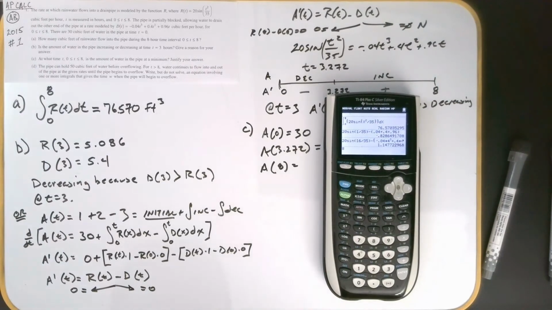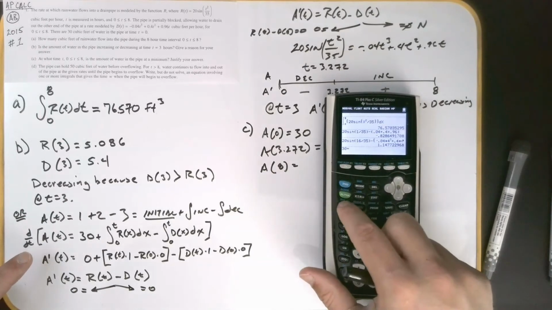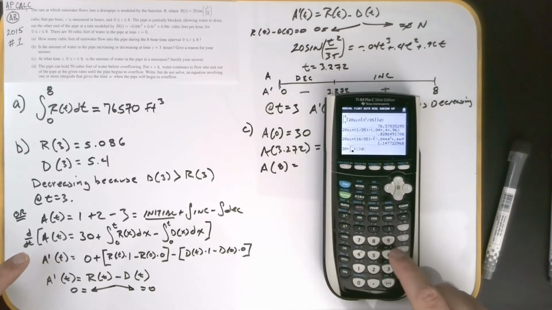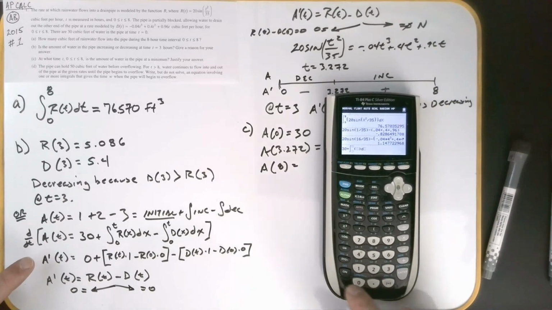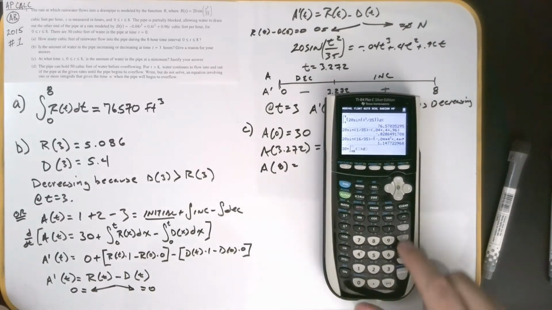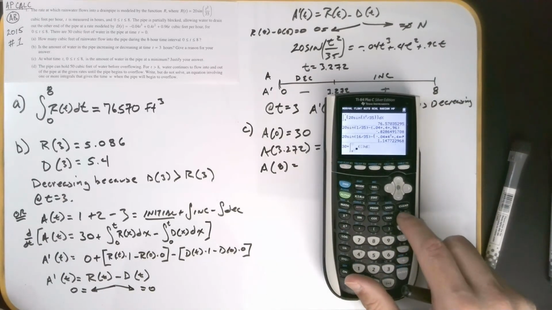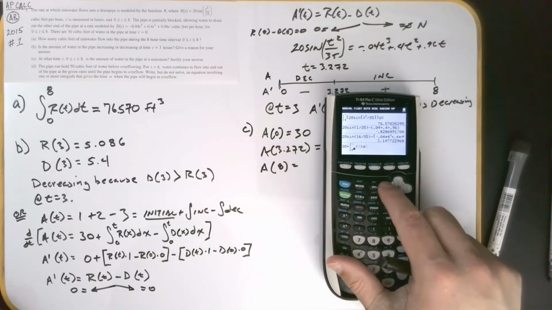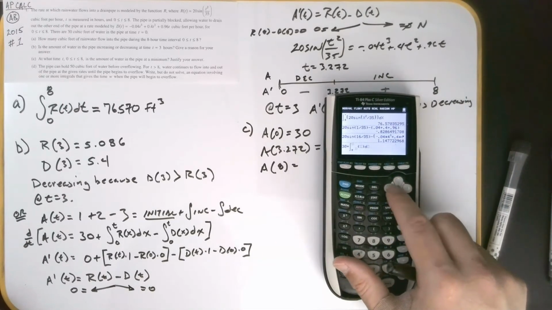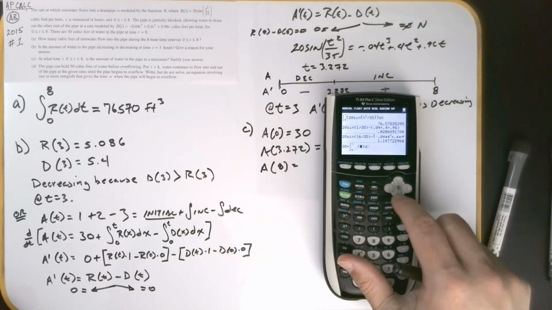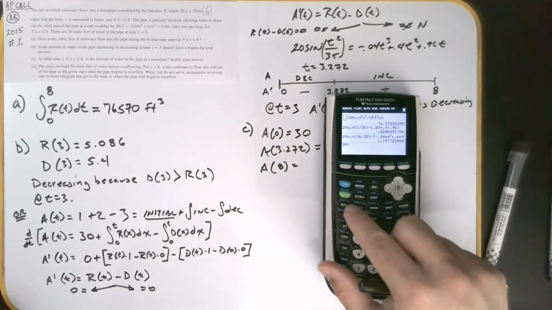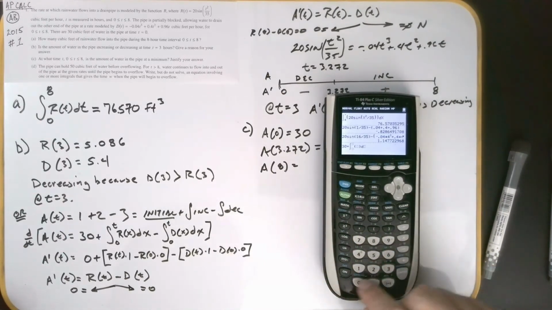All right? So what I'm going to do is put in the whole a function back over here. And I'm going to say, well, this is 30 plus the integral from 0 to 3.272.